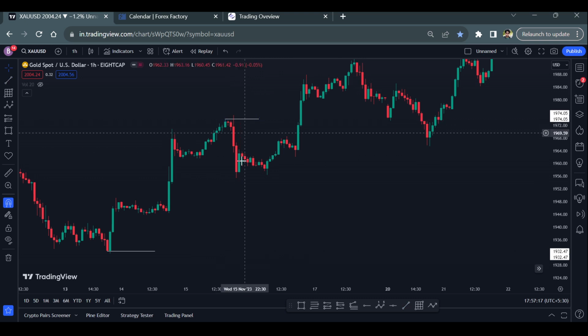So I will mark my high here, and then the low is confirmed here, when it takes out the previous bearish candle which kept the low. If there is no body closing below this wick, we will not consider any wick as a low. This is the rule.